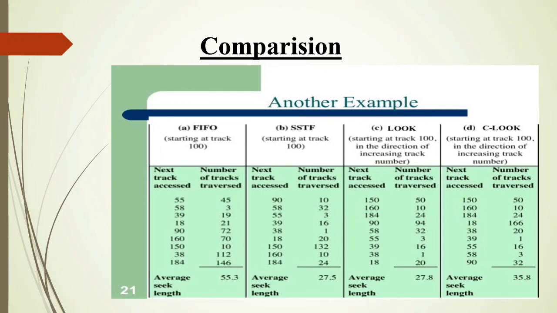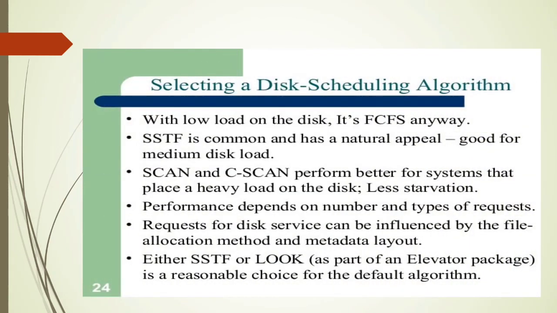So this algorithm will be taken as the best algorithm for disk scheduling. It performs better than all the other algorithms without a heavy load on the disk. It depends upon the number and types of the requests received.